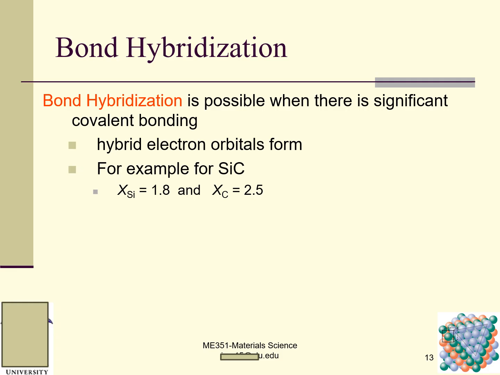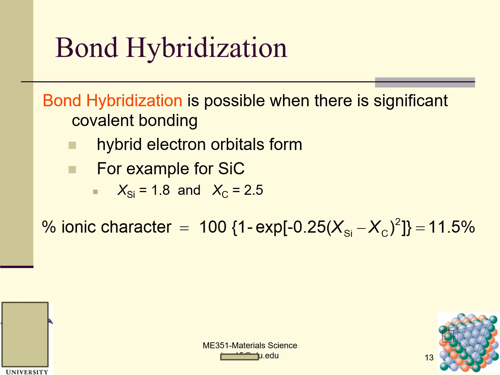This is the electronegativity value, and these two are very, very close. So we can use the equation we just learned to determine the percentage of ionic character, which equals 11.5.